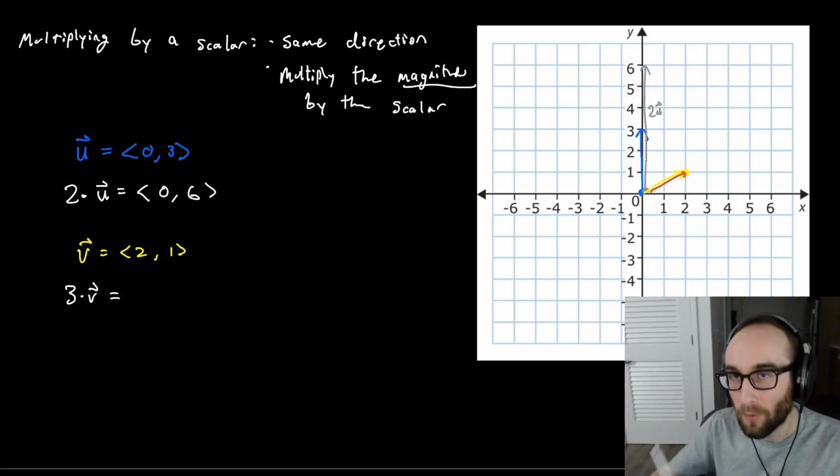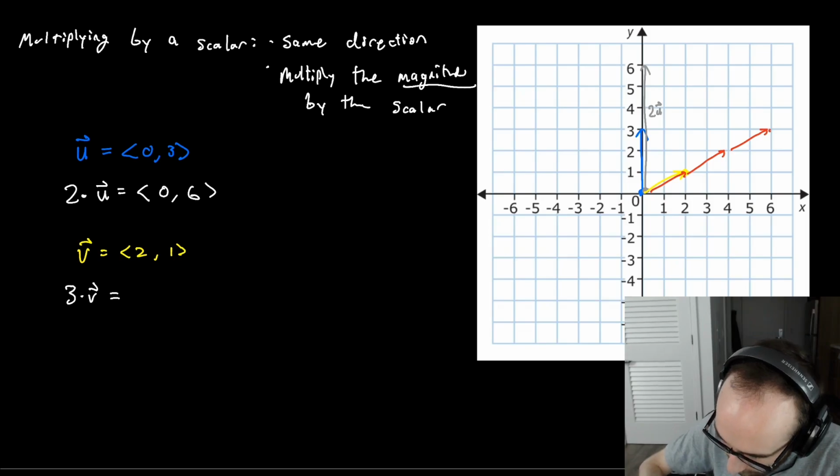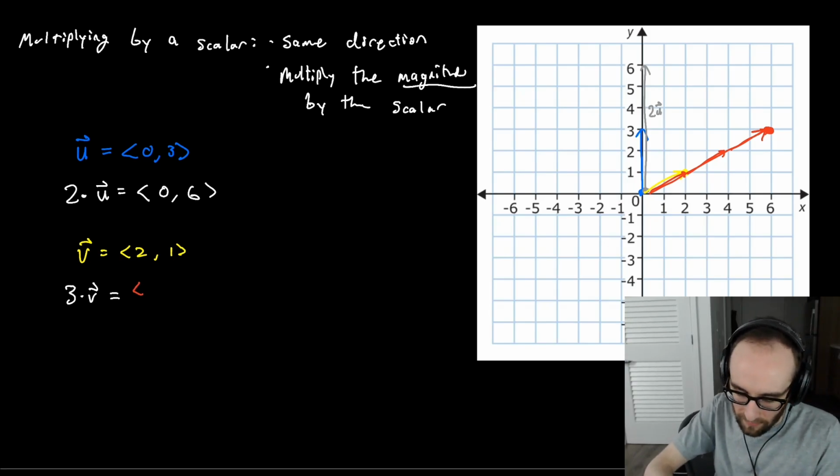So write 2 up 1. That's one way to think about it. And then again, write 2 up 1. And then again, write 2 up 1. So 3 times the magnitude. Our final vector for 3v is going to be here. 3v is (6, 3).